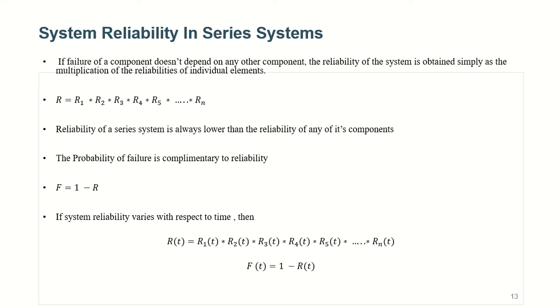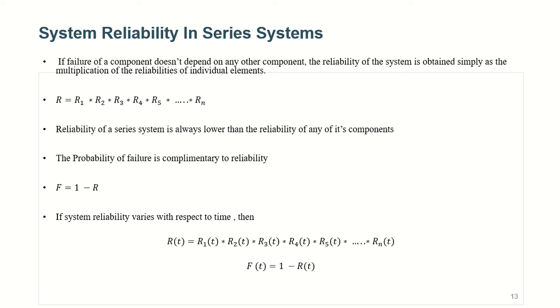Till now we have assumed that the reliability of an individual part does not depend on time. Now let's say the reliability of my system is changing with respect to time. Then for time component t, we can calculate the reliability of my whole system when every component is connected in series.